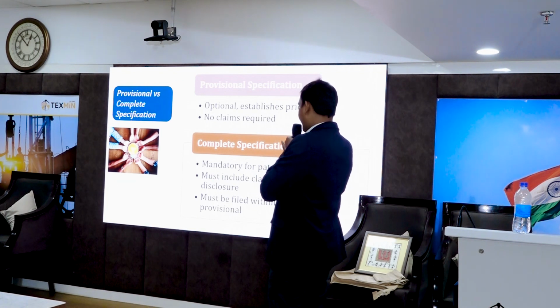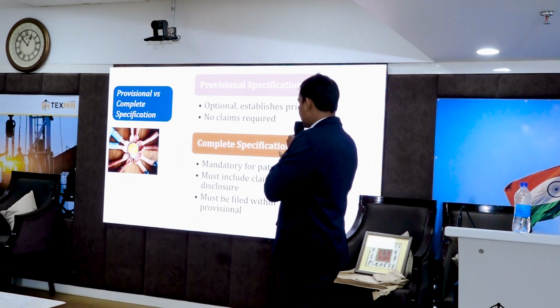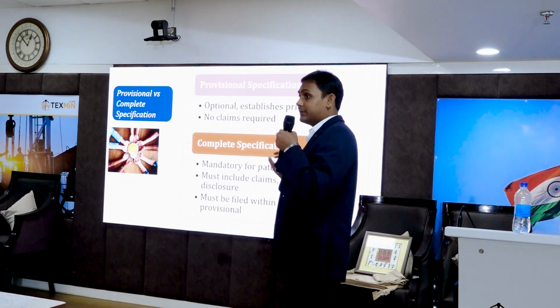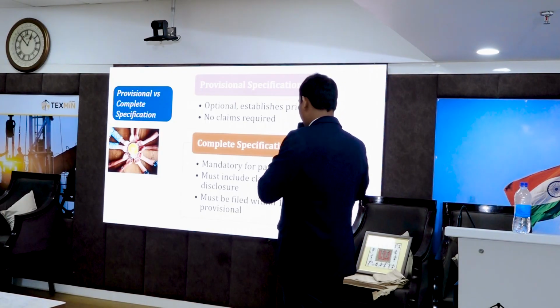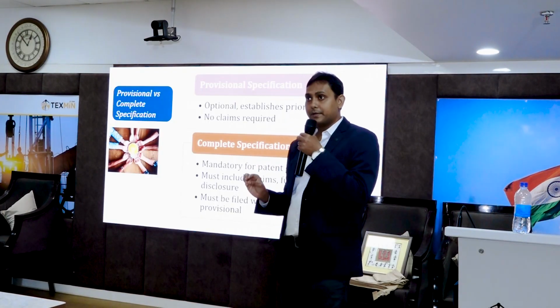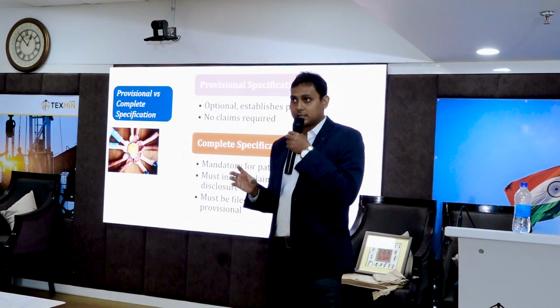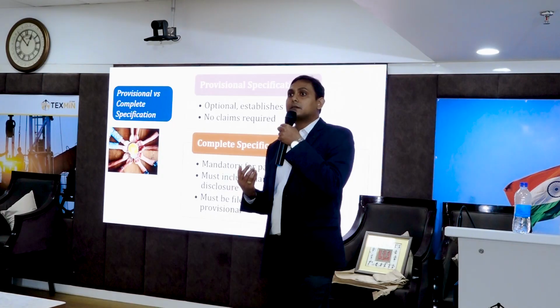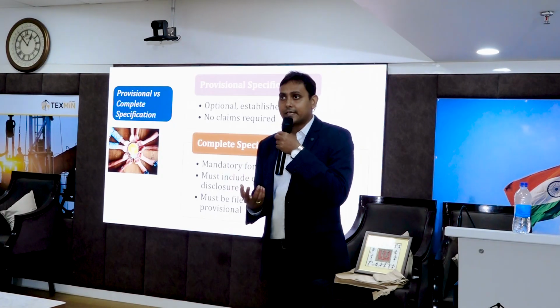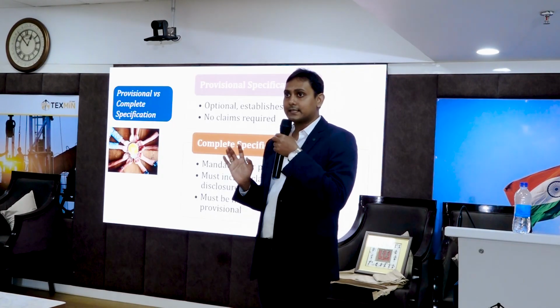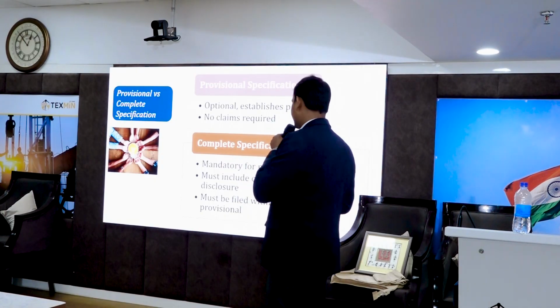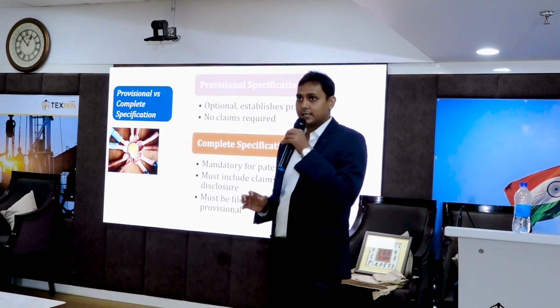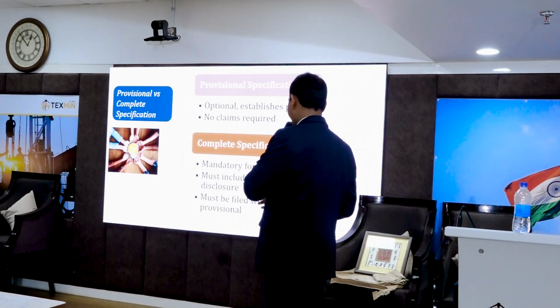Okay, so that's why it's mandatory for patent grant. It must include the claims, which will define the scope of your invention, and the full technical disclosure. Suppose you have filed the provisional specification. After that, whatever technical implementation you have made, you have to give full details in the technical disclosure in the complete specification.